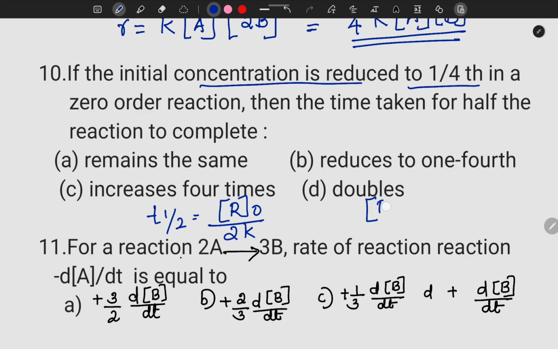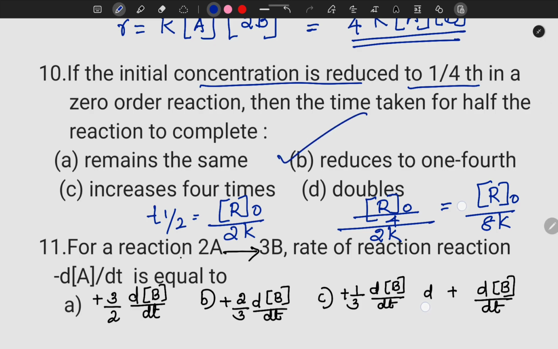So in the second case, R0 by 4 divided by 2k, that is equal to R0 by 8k. So when we compare t half, R0 by 2k into 1 by 4 is equal to R0 by 8k. That is, it reduces to 1/4.